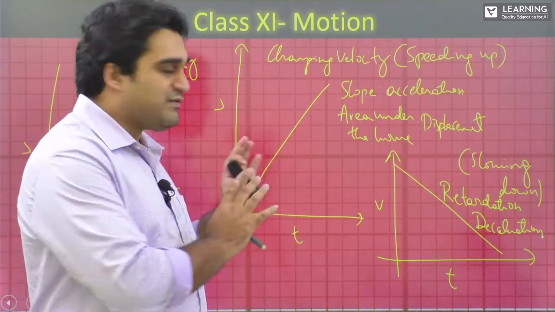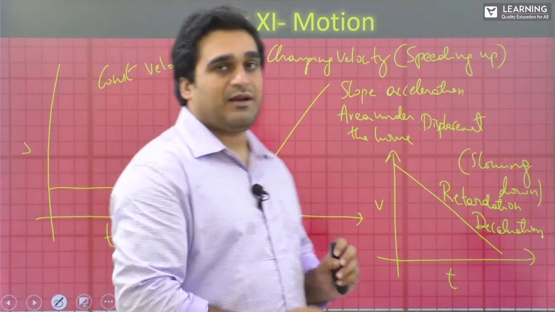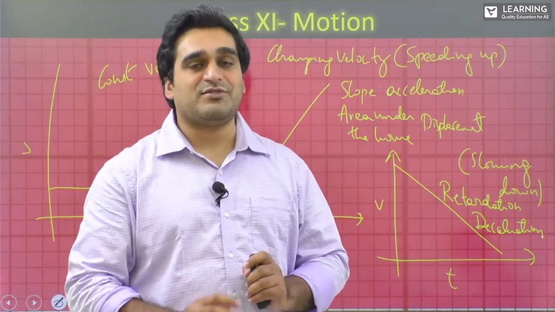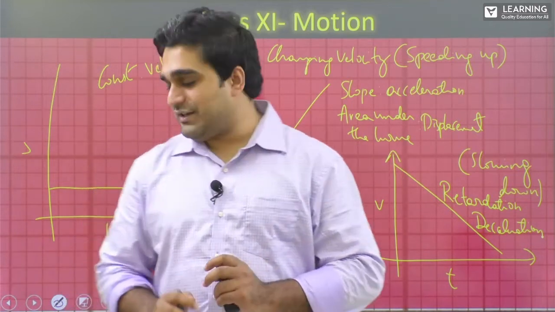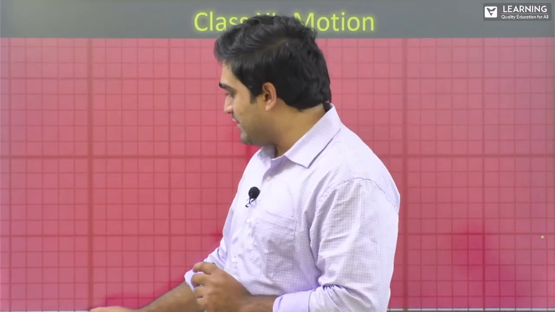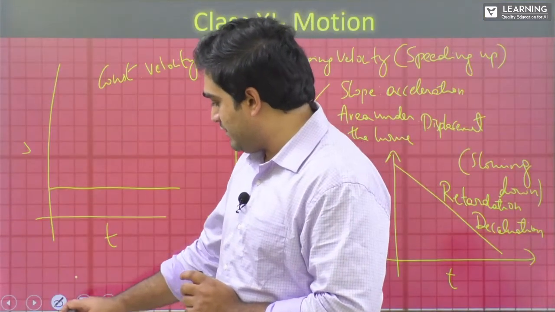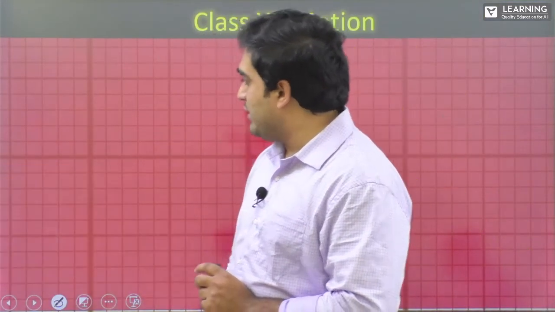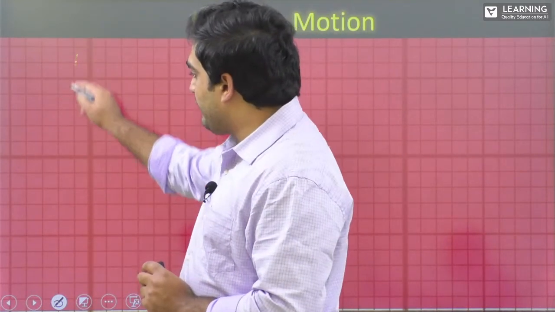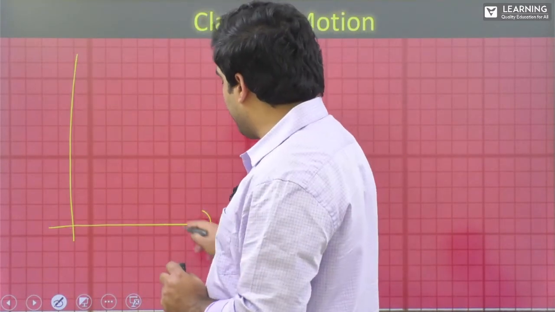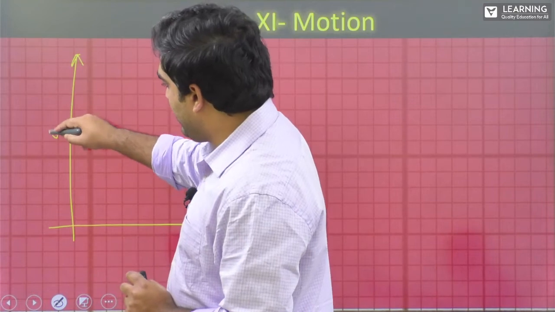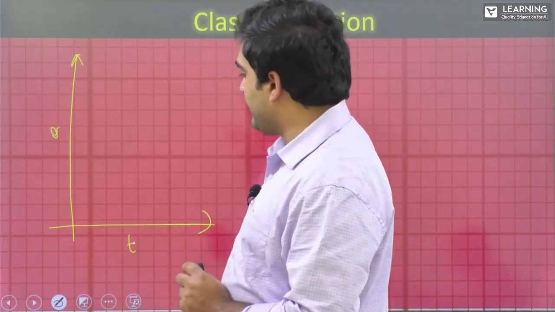Okay, so this is for a velocity time graph. Now let's look at the acceleration time graph. What are the different acceleration time graphs that we discussed? Acceleration time graph, AT.